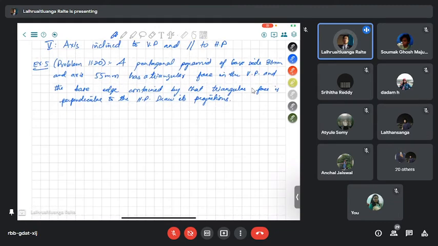I hope you can still visualize it. A pentagonal pyramid of base side 30 mm and axis 55 mm has a triangular face in the VP, and the base edge contained by the triangular face is perpendicular to the HP. Draw its projections.